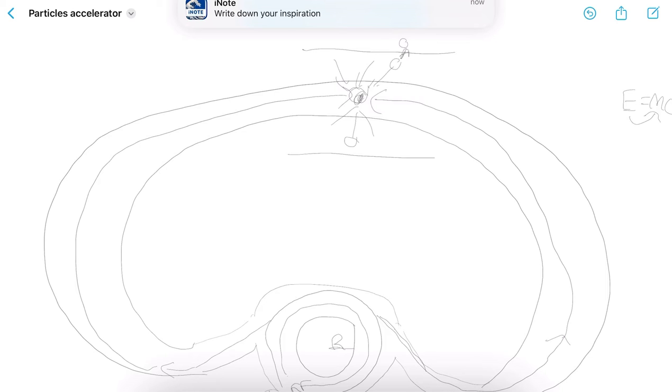So it will improve their life and make our life even more convenient.